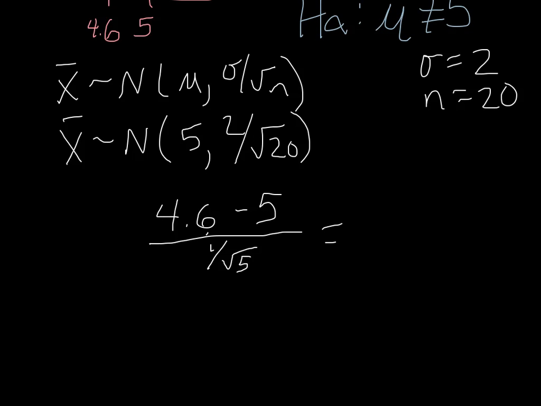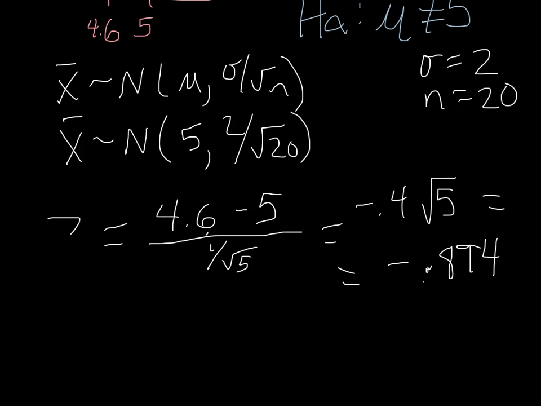So I really have negative 0.4 times root 5. Okay? And, you know, you can pull a calculator out here, and you would get negative 0.4 times square root of 5, negative 0.894. Okay? So you have negative 0.894 as your z statistic.